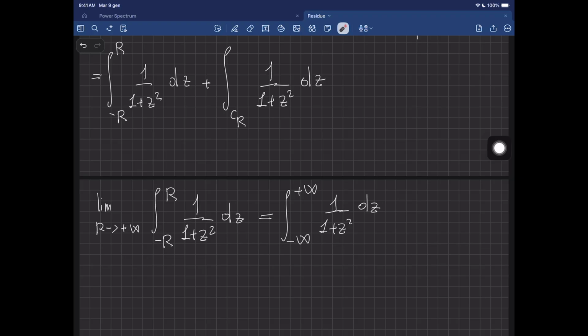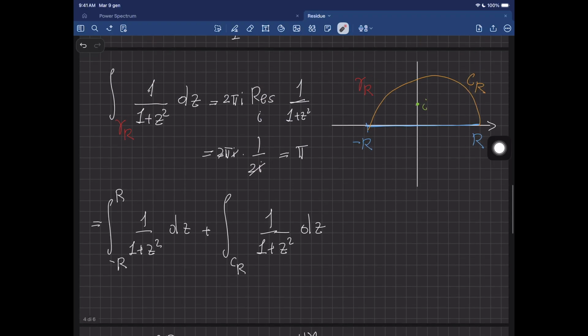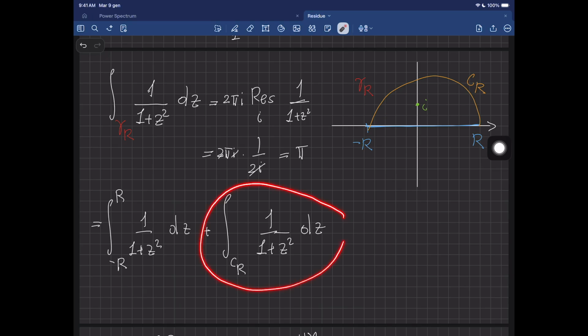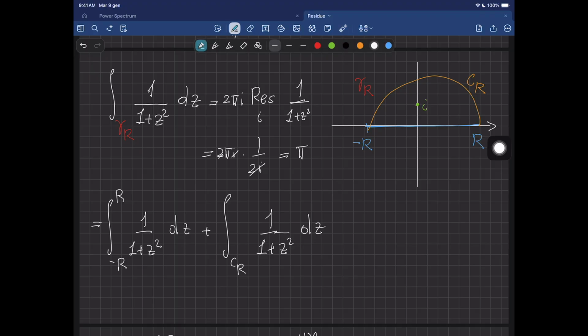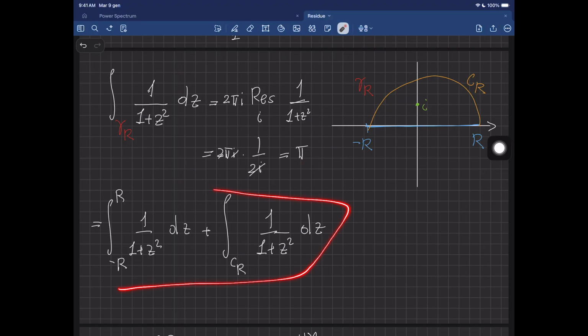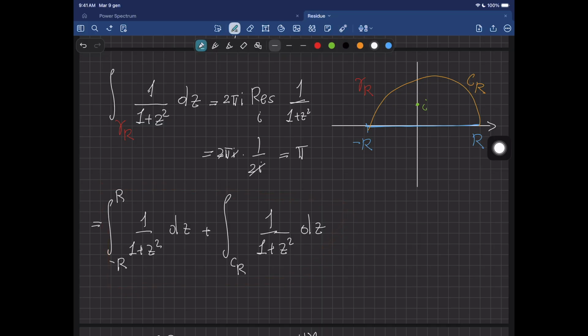So all these equalities are telling us that pi is equal to this integral, which as R goes to infinity converges to the one that we want, plus this other piece of information. Now, usually we use a little trick here. Pi on this side of the equality doesn't depend on R, but these two terms do depend on it. So let's compute the limit on both sides.